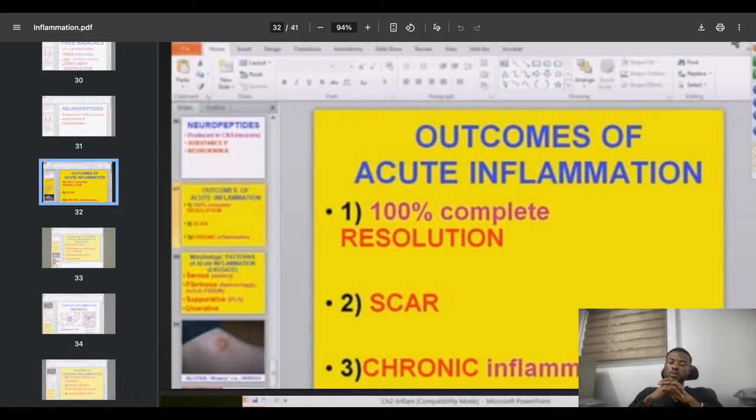So the wound is going to heal all right, but normal tissue, as before, is not going to replace the dead tissues. Now you are going to have scar tissue, the body's way of patching.